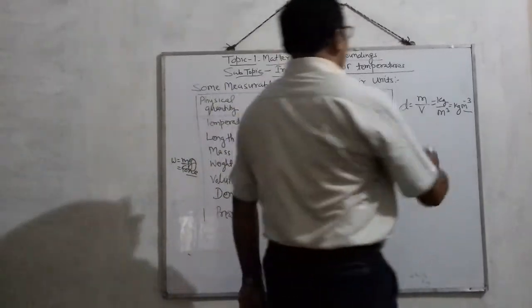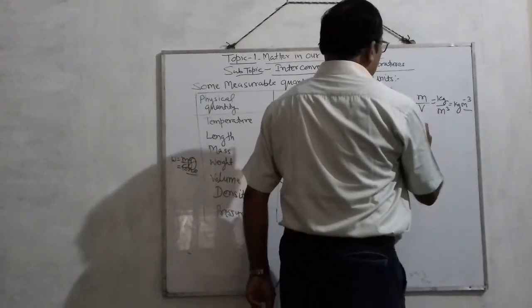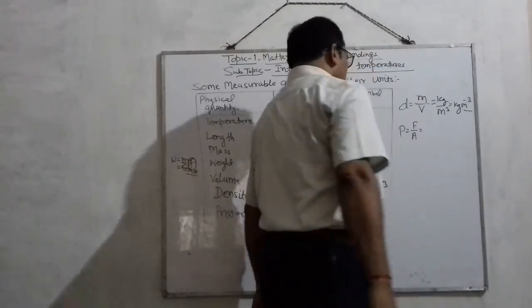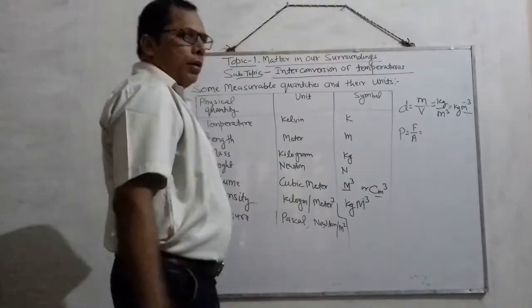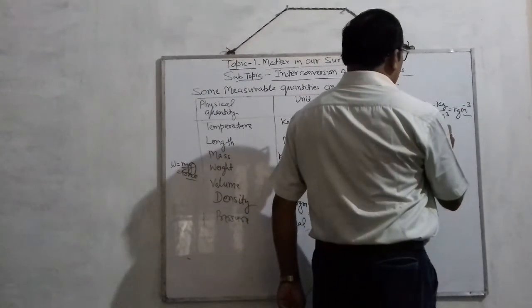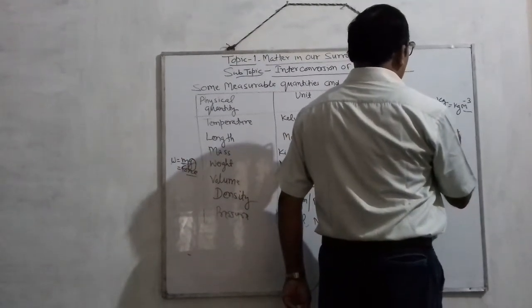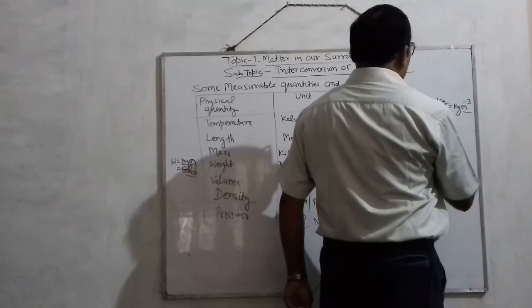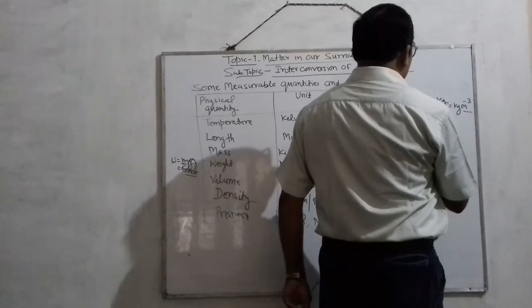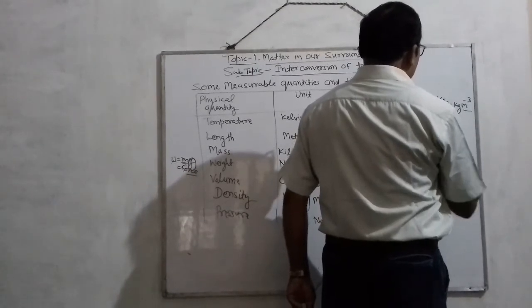Since you know that pressure P is equal to force upon area, and force is measured in Newton, the unit of force is Newton, while the unit of area is meter square.